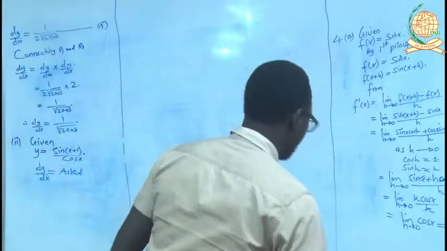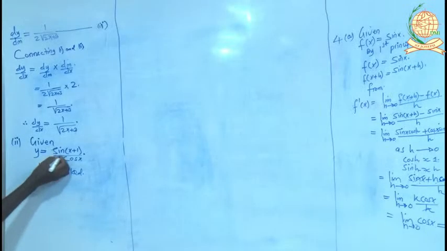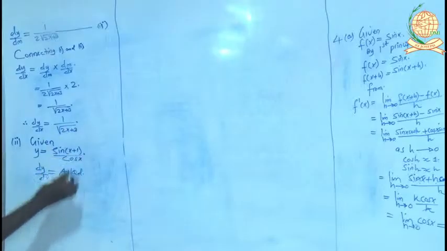From the given function, y equals sine in the bracket x plus 1 over cos x, find the first derivative dy over dx. The function of this form, numerator and denominator, I use the quotient rule.